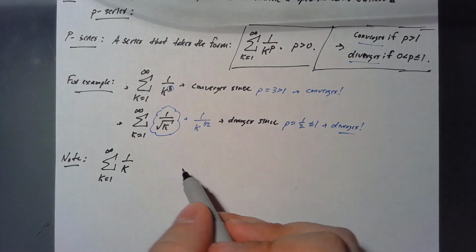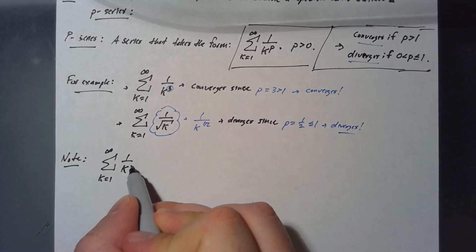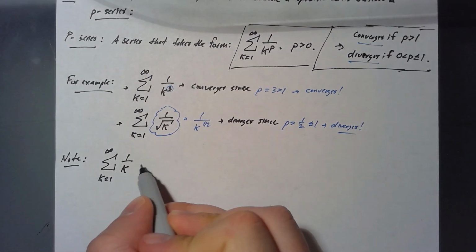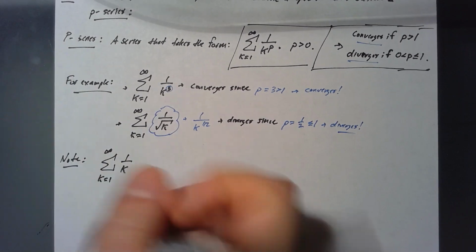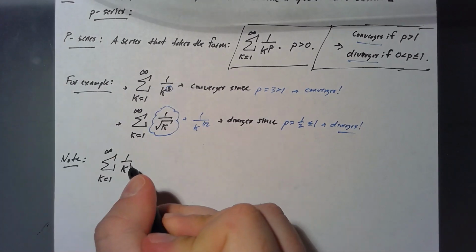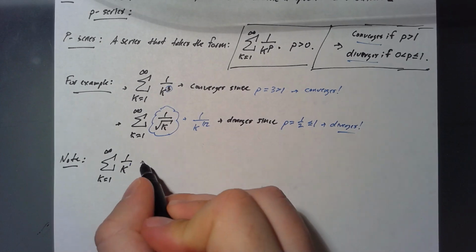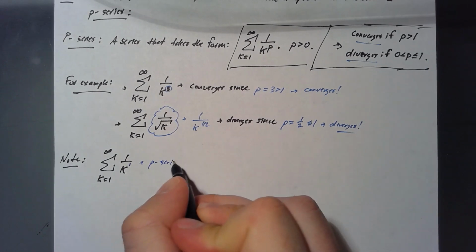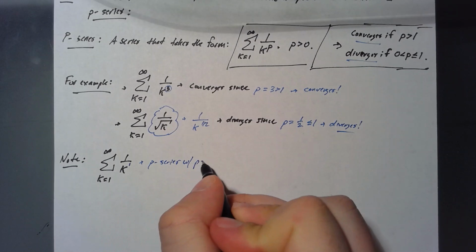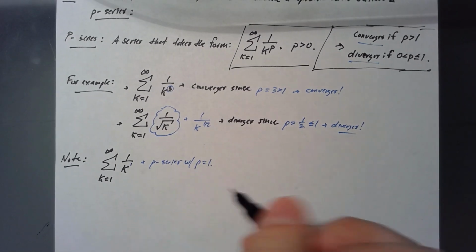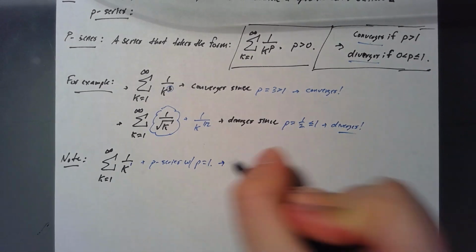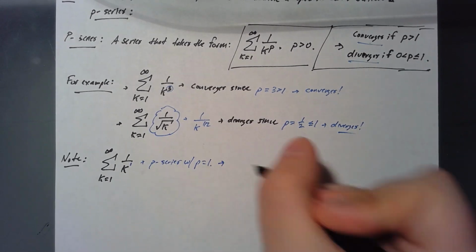Well, if you look, the value p here is 1, right? So this is actually a p-series with p equal to 1. Now, instead of calling this a p-series where p equals 1, this actually has a specific name. This is called a harmonic series.